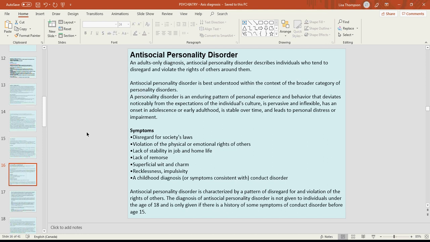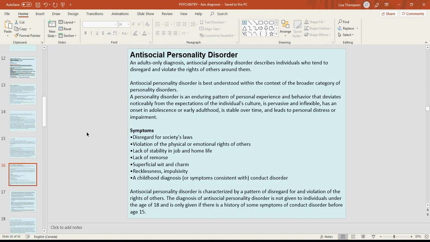A personality disorder is an enduring pattern of personal experience and behavior that deviates noticeably from the expectations of the individual's culture, is pervasive and inflexible, has an onset in adolescence or early adulthood, is stable over time, and leads to personal distress or impairment.